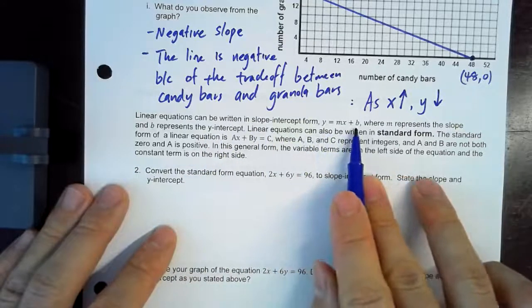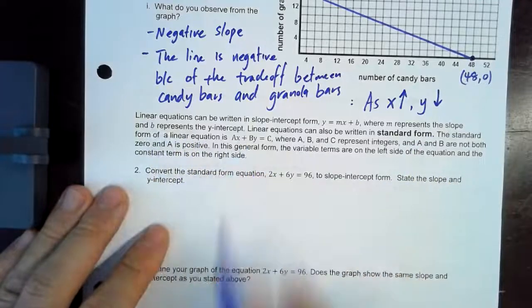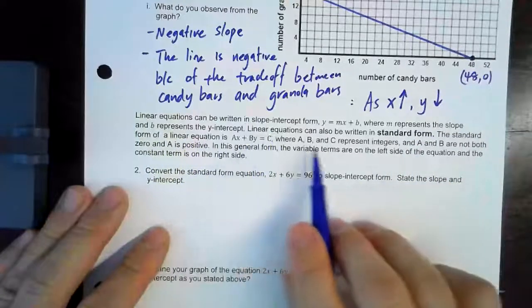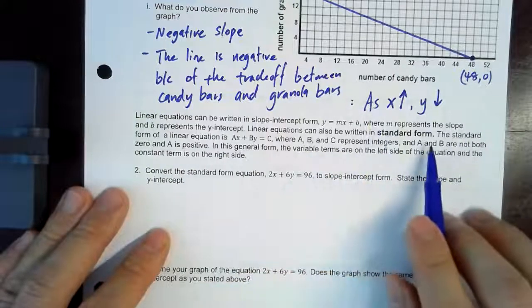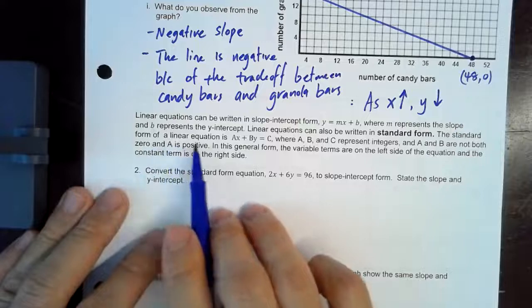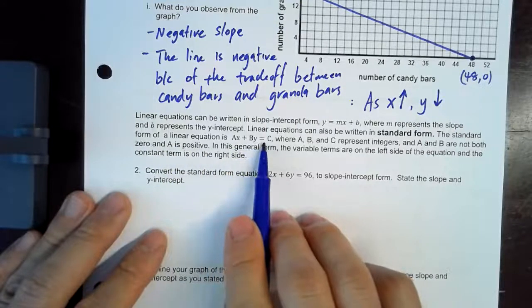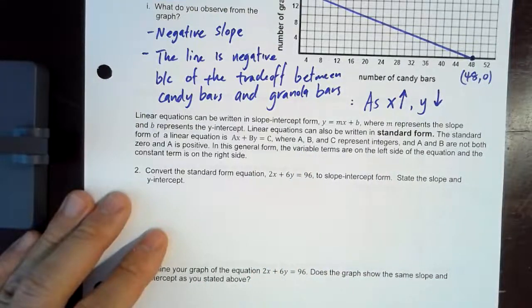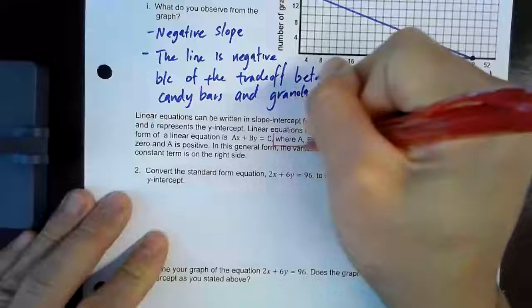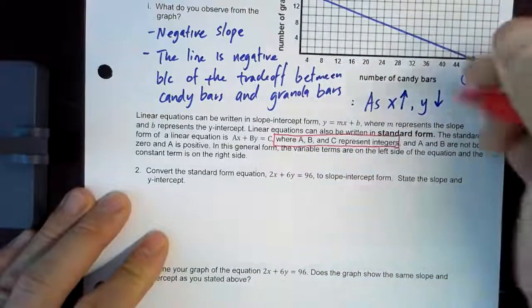Okay, almost done here. Let's wrap it up. Linear equations can be written in slope-intercept form, y equals mx plus b, where m represents the slope and b represents the y-intercept. Linear equations can also be written in standard form, which we just talked about. The standard form of a linear equation is ax plus by equals c, where a, b, and c are integers.